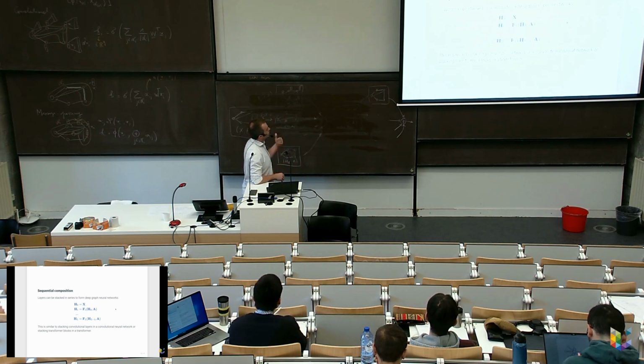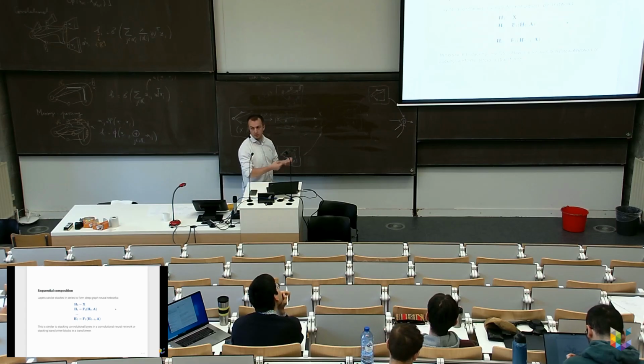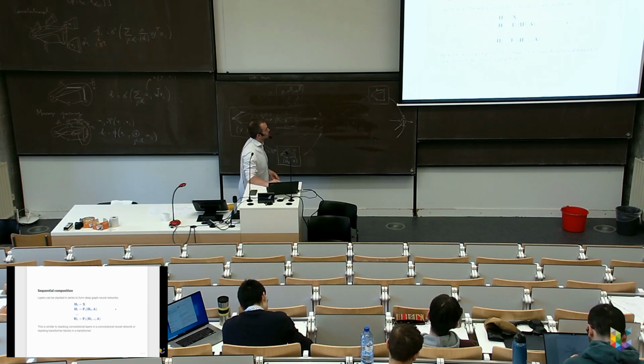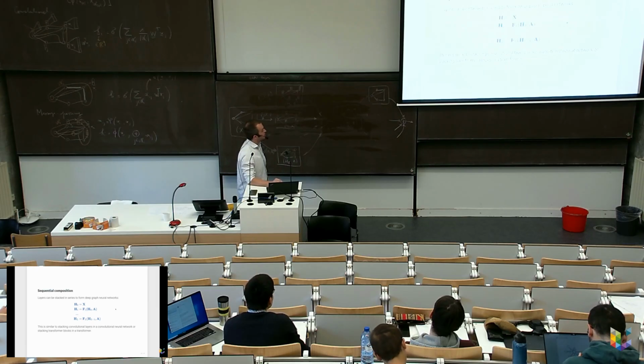But so, regarding the sequential composition, the layers can be stacked in series to form now deep graph neural networks, not shallow graph neural networks. And we are just saying that the output of a layer will be used as the input of the next layer. Okay?